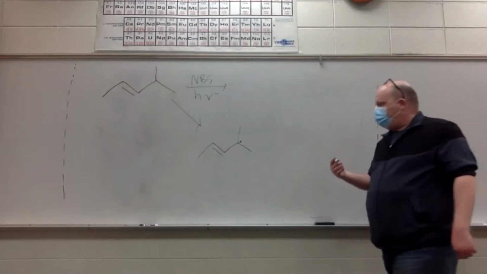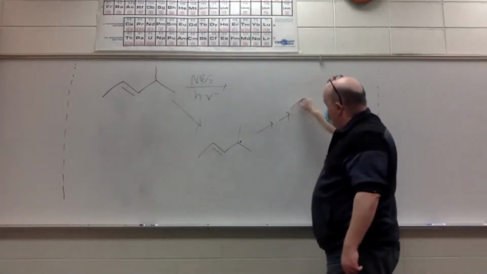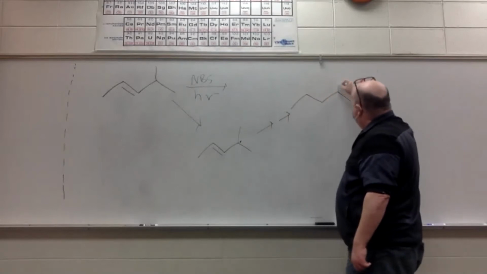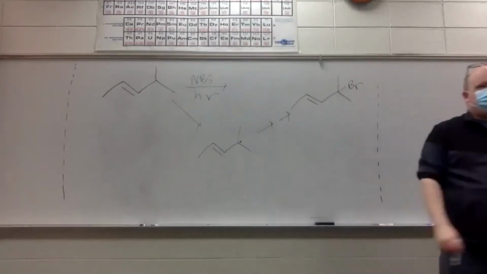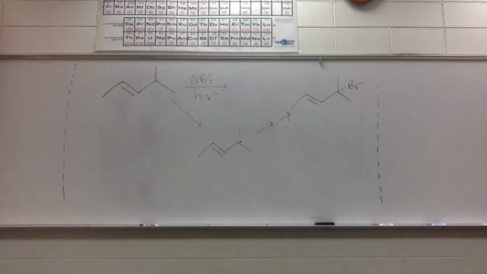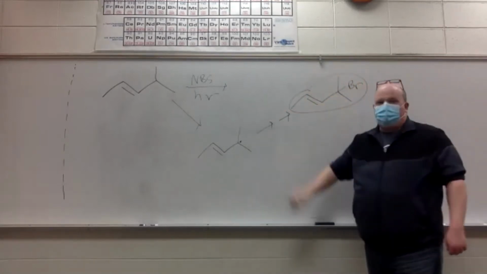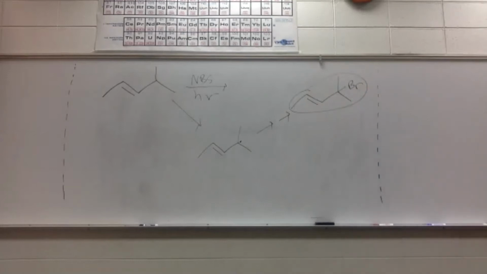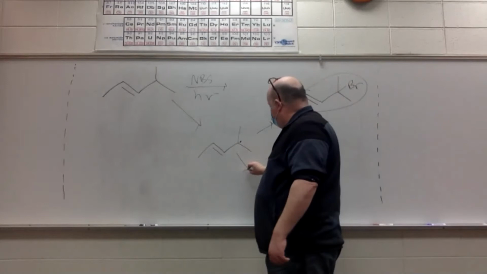I'm not going to go through it all. But if we are sort of fast forwarding with this one, you could put a Br right there, right? What's the other thing that could happen that we just looked at in the previous example? Yeah, you still have to worry about resonance, right? You can form a resonance structure.